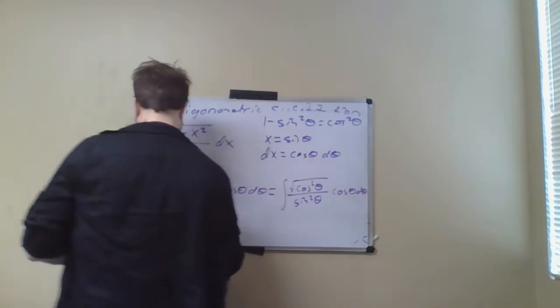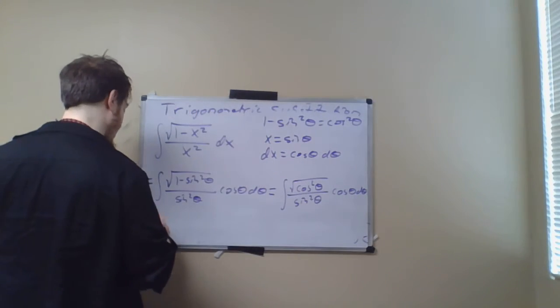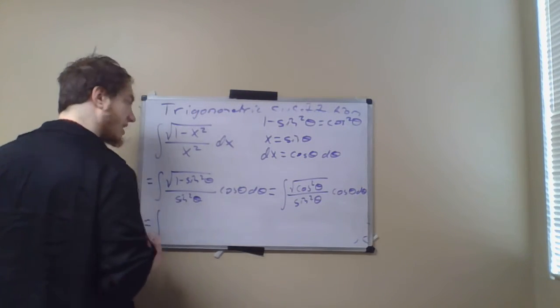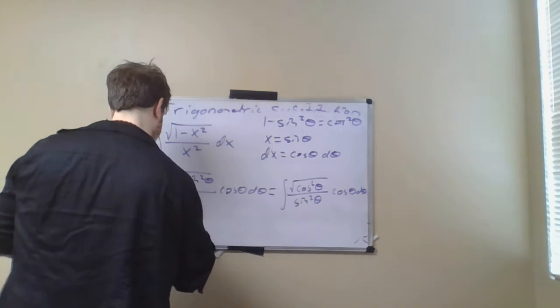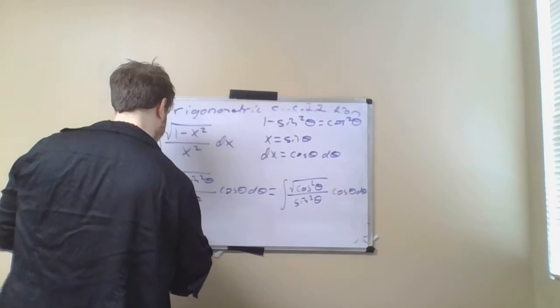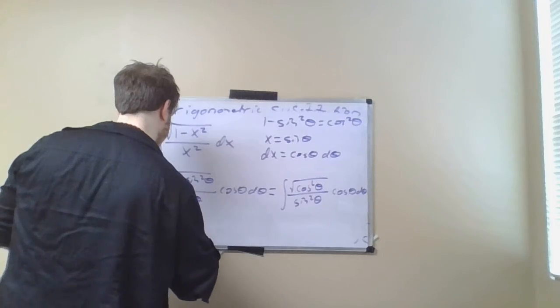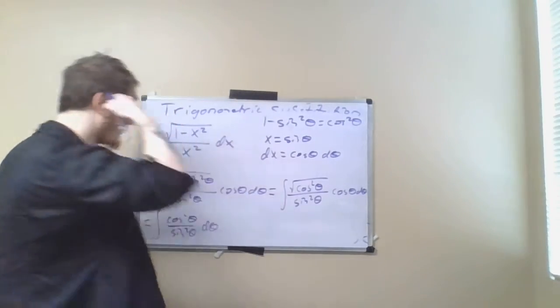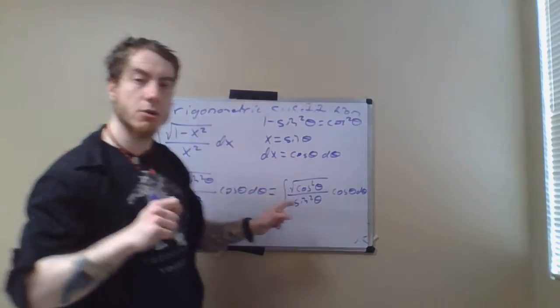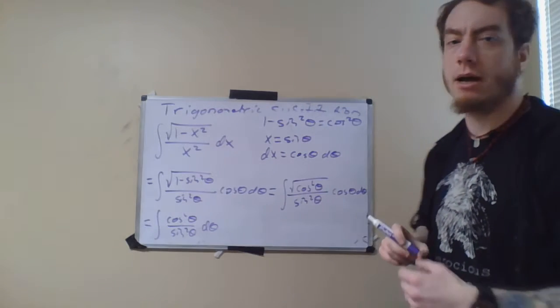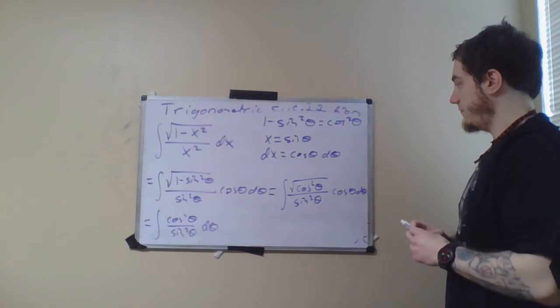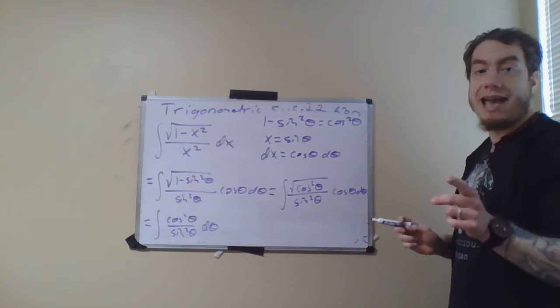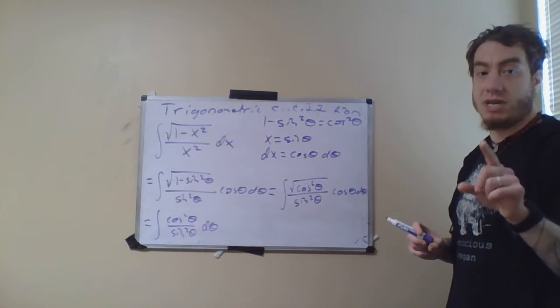And when I simplify it, this is going to become the integral of cos squared theta over sine squared theta d theta, if I disregard for the moment that square root cosine squared is actually positive cosine theta, and there is a reason why I can do this.